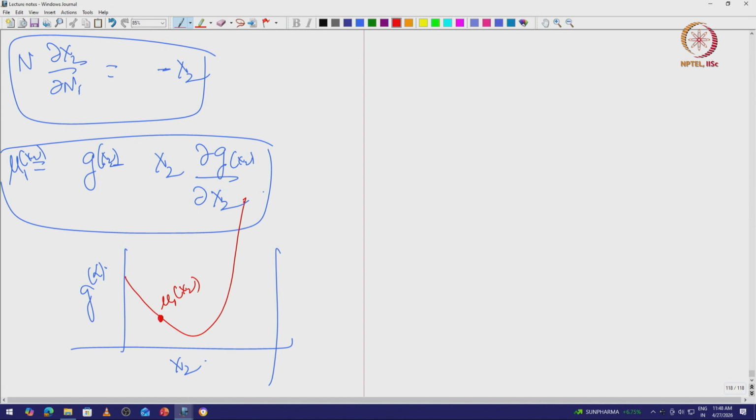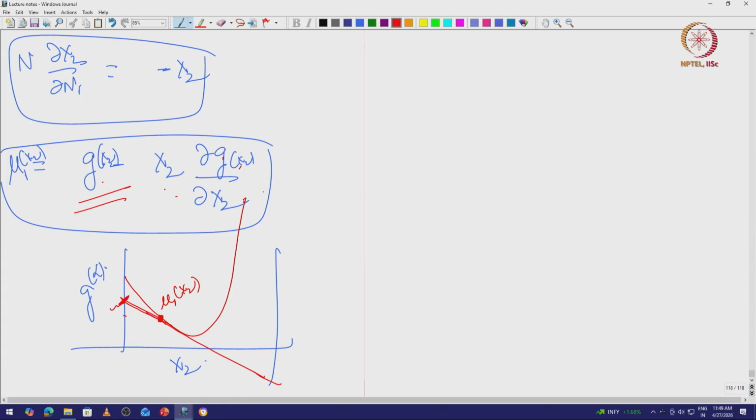Okay. Now what this is telling me is, you go there, you take the g there, you just read off the value, and from g you subtract x2 times the slope of this. So you subtract this quantity, and that quantity turns out to be the g value here. You can actually derive it, you can see it graphically yourself, but g minus x2 times dou g by dou x2 will be the intercept of this slopey line.